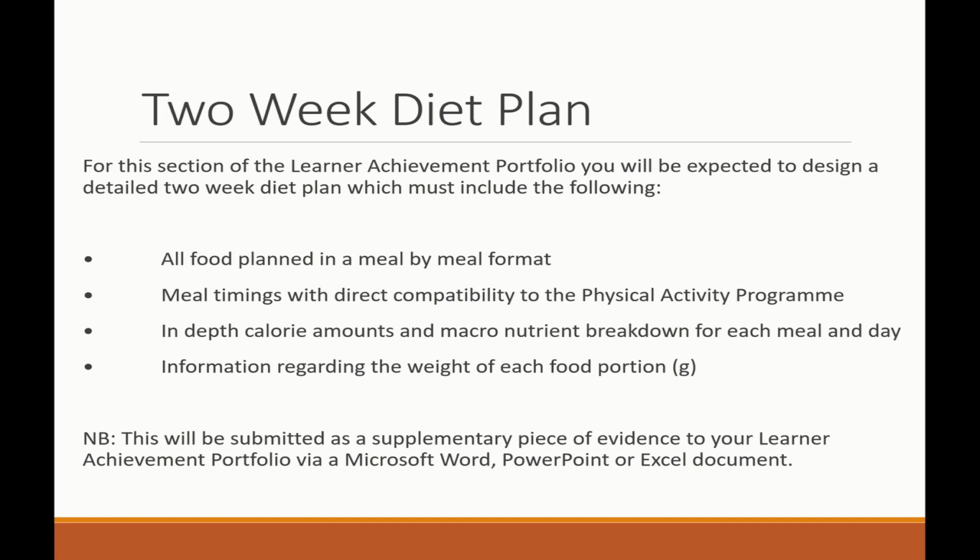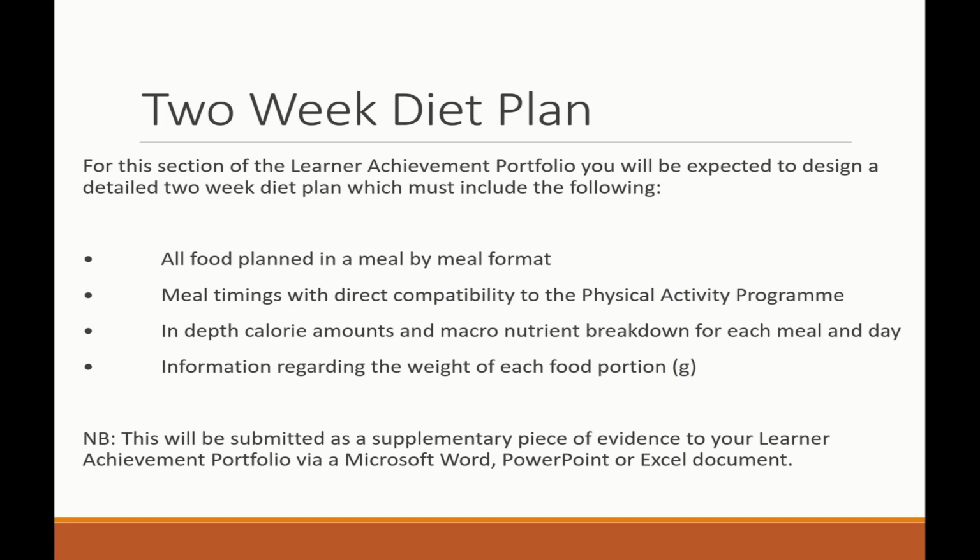The 4th bullet point, we're looking at information regarding the weight of food as well. So if you're putting in, for example, pasta, we need to say about how much in grams. That again gives us an indication whether the calories that you've highlighted for that particular meal are correct.